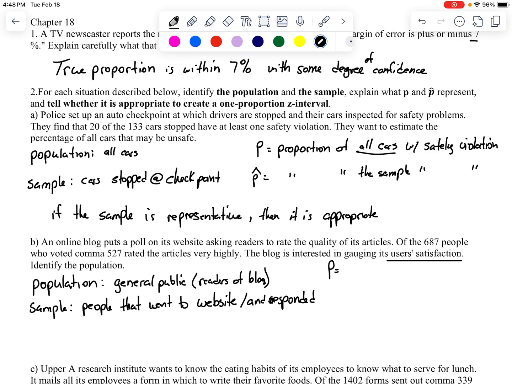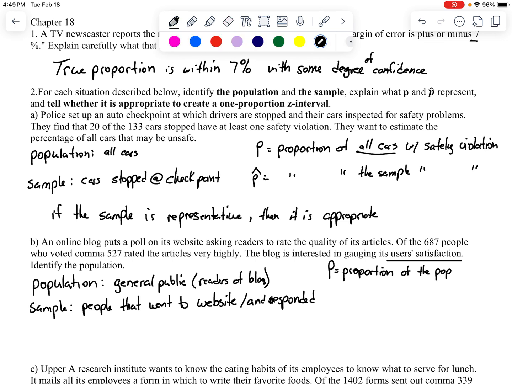All right, slow down. Our P is going to be the proportion. What was the quality of it? The proportion of all readers. Actually, let's back up a second.